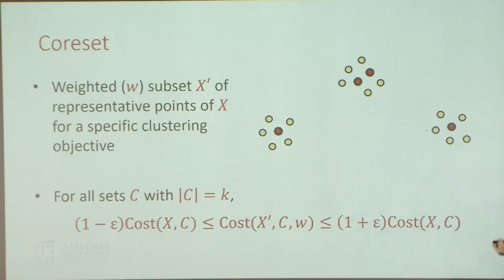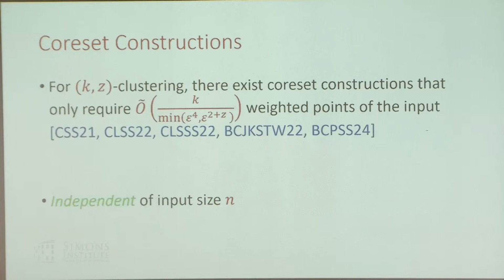Then we might choose a subset of these 4 red points, weight them, and then for any choice of k centers, the cost of clustering these red weighted points should be roughly the cost of clustering the original data set. Okay, and it's actually known that for (k,z) clustering, there exist coreset constructions that require some number of weighted points that's independent of n.